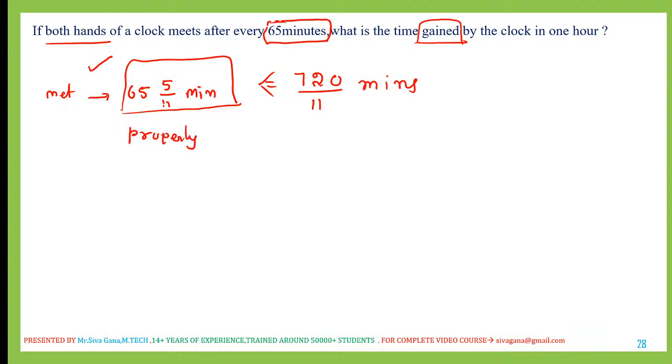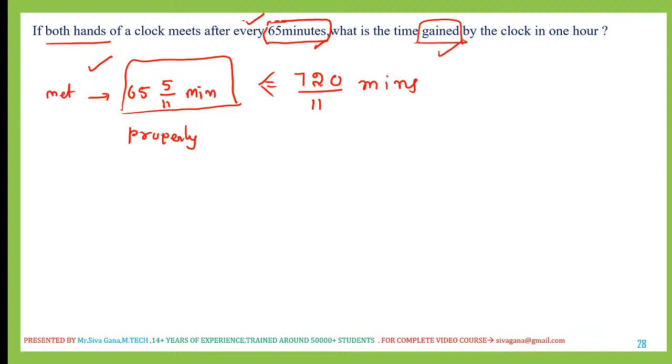But in the clock which is given, for every 65 minutes both hands are meeting, which means the action is happening earlier. The meeting of the hands is happening earlier than usual. Actually a meeting has to happen in 65 5/11 minutes, but it is happening in 65 minutes, which means running faster.